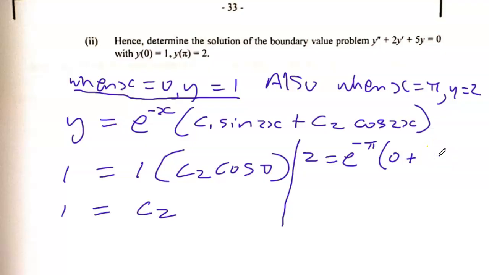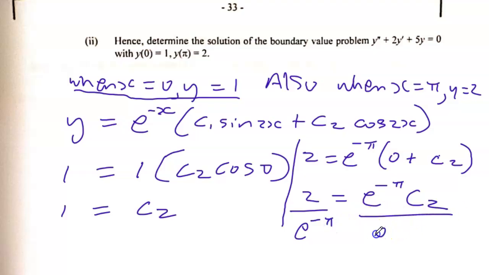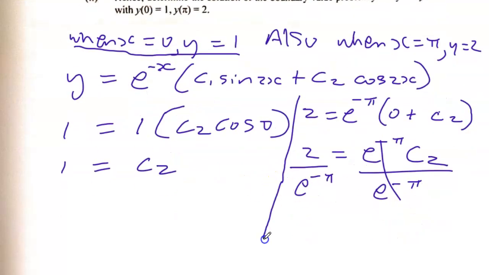So 2 is equal to e to the minus pi times c2. Divide both sides by e to the minus pi, so we end up with 2 over e to the minus pi is equal to c2.